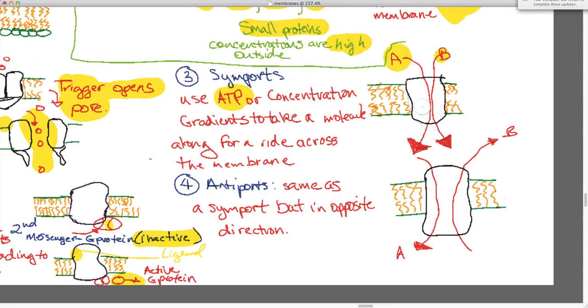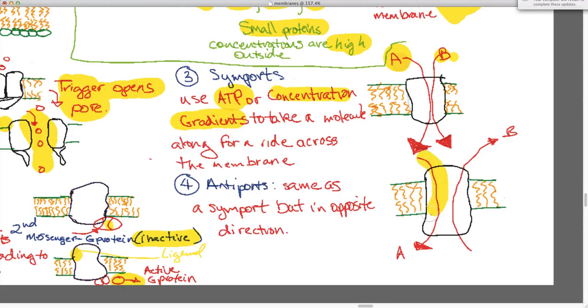You can also use a favorable concentration gradient for A to take B along for the ride. Okay. And an antiport is the same concept as a symport, but the difference is they go in opposing directions. One comes in while the other one goes out.